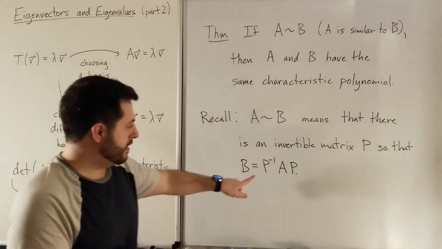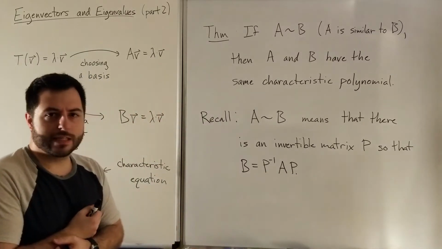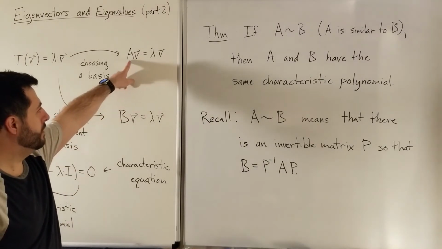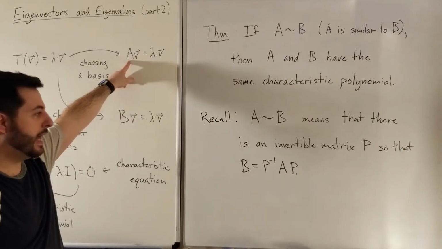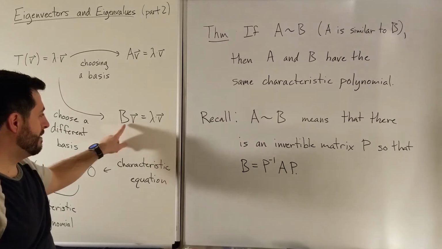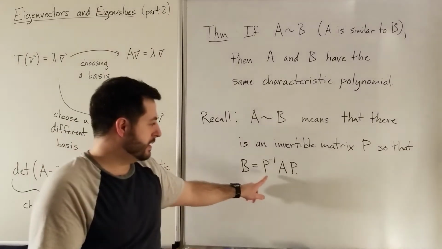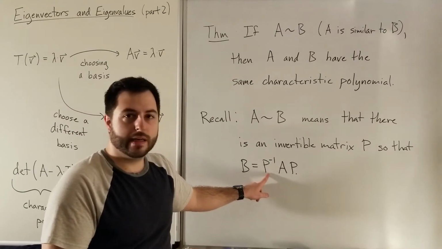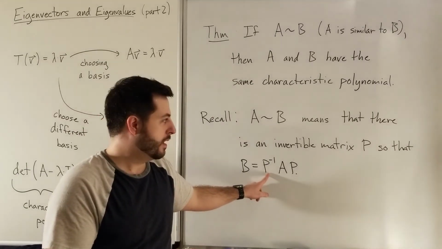Well, this invertible matrix P is the change of basis matrix. So if you wanted to switch from looking at the basis that you chose up here to get to A versus the basis that you chose down here to get to B, there is a relationship that looks like this for P being the change of basis matrix.